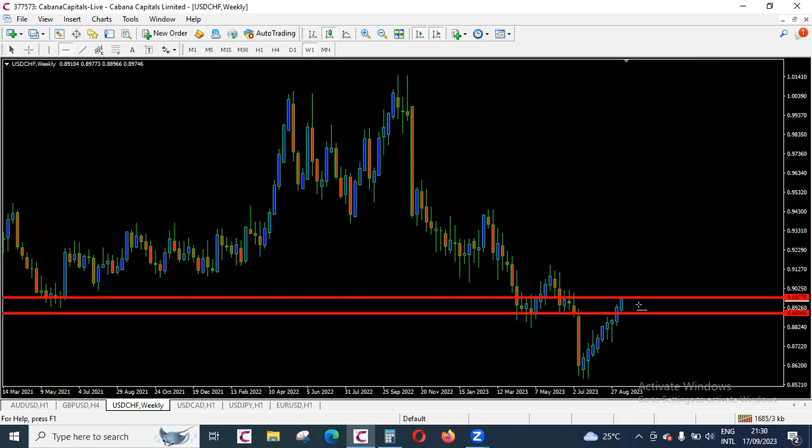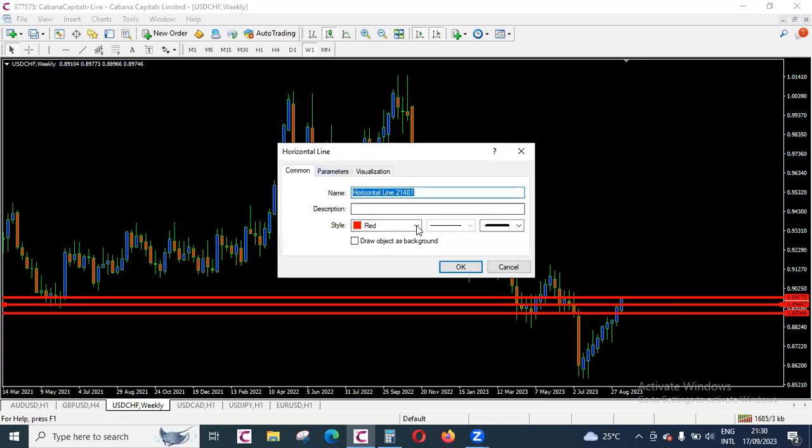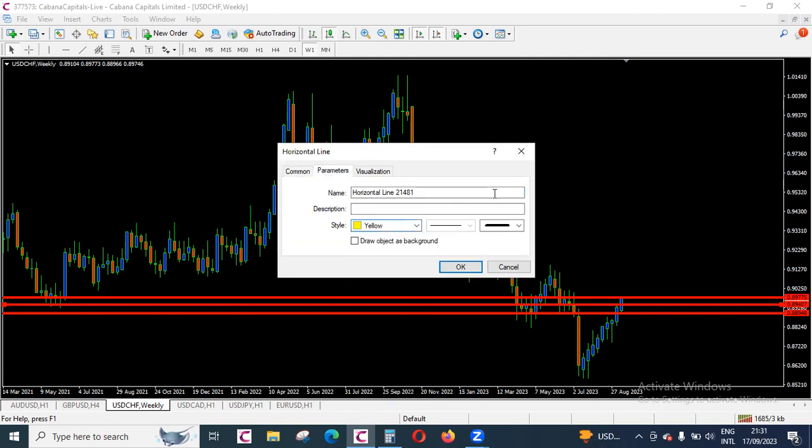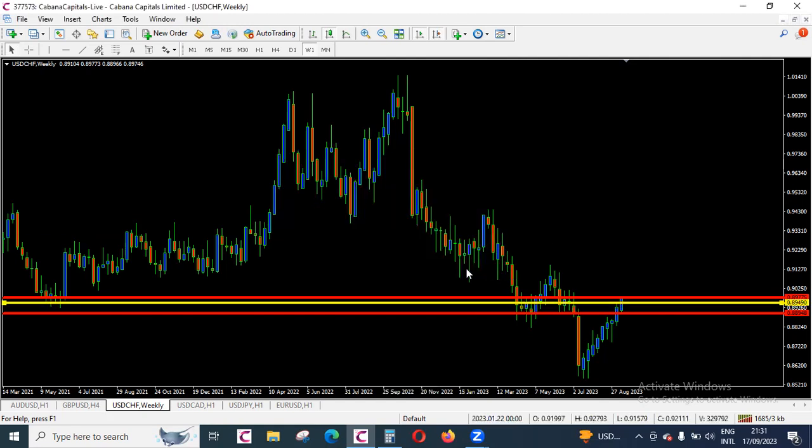That's our pivot. So these are pivots. So let's go down to daily.